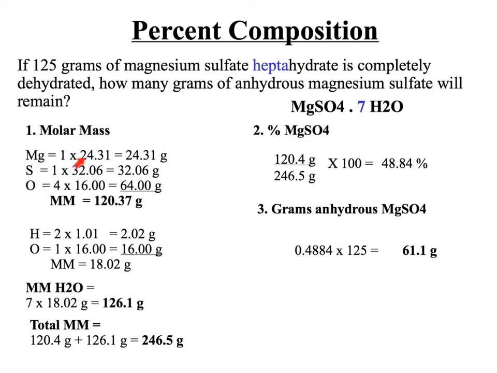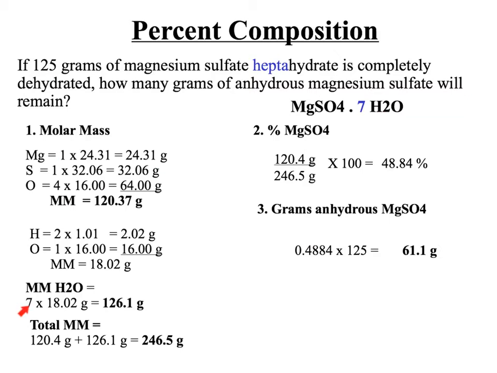Remember that the 24.31, the 32.06, and the 16 are the weights from the periodic table. We have 7 waters. The molar mass of water is 18. We have 2 hydrogens and 1 oxygen weighing 18.